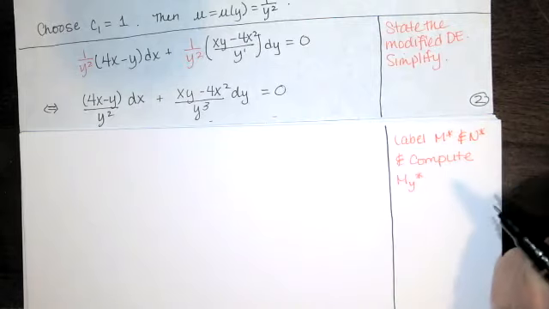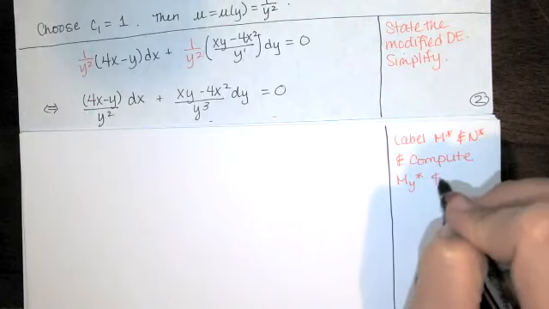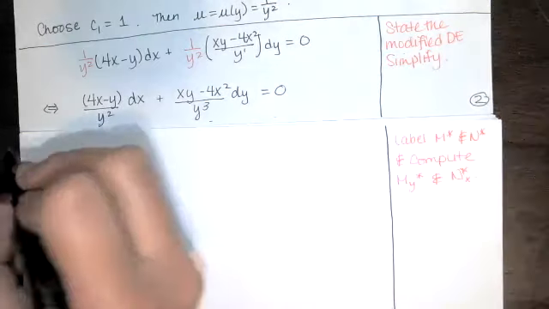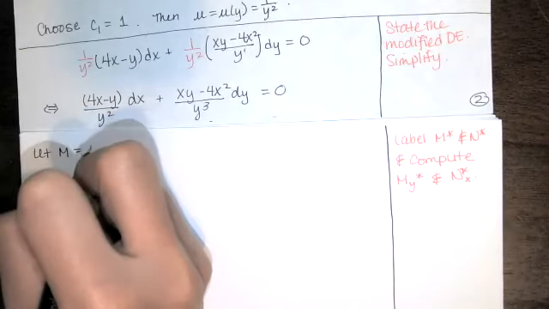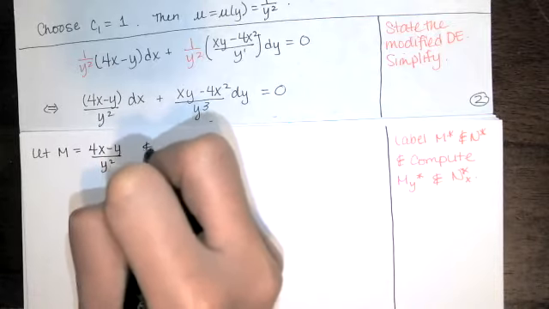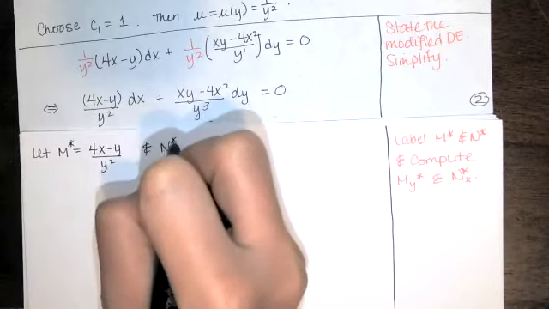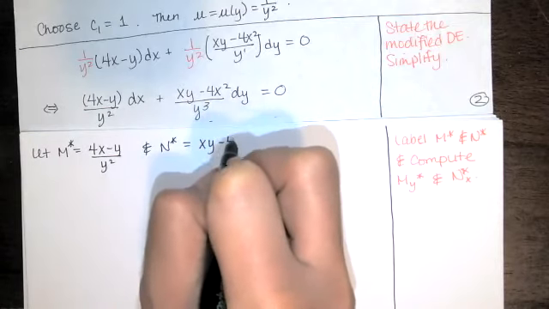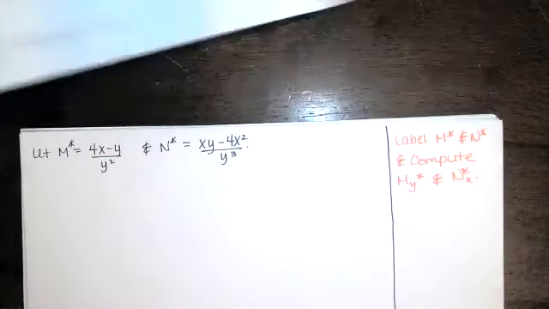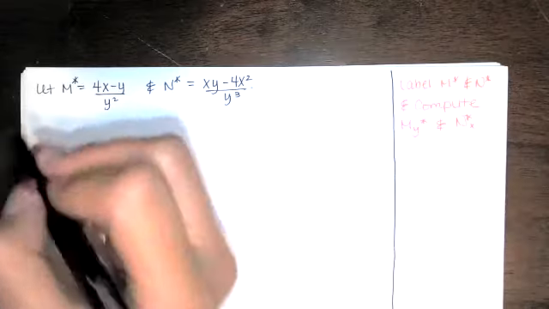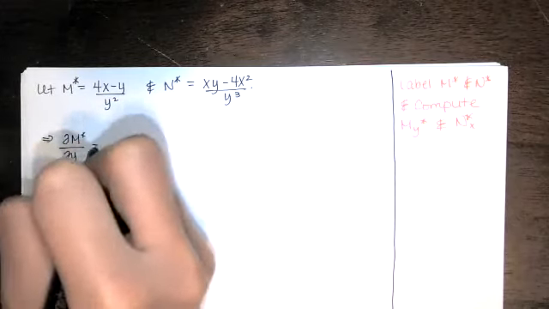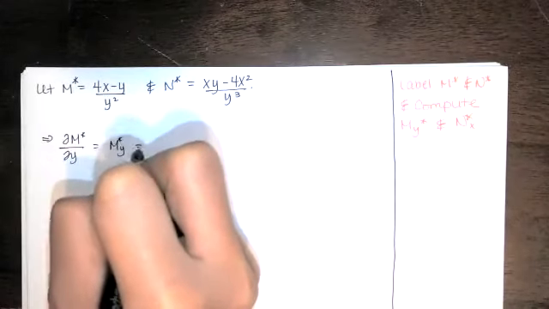We want to compute the partial derivative of M star with respect to y and the partial derivative of N star with respect to x, and show that those are equal to each other. So you could use Leibniz notation, you can use subscript notation, either one is fine.